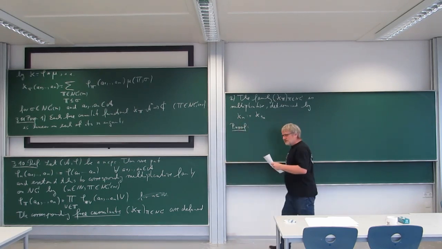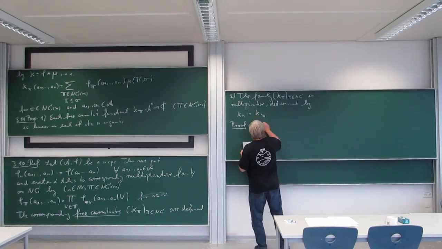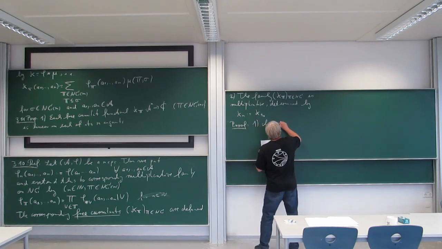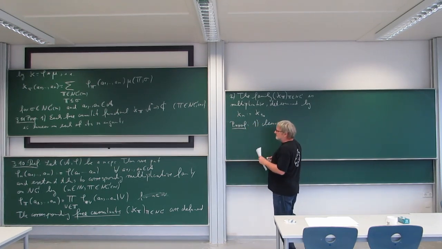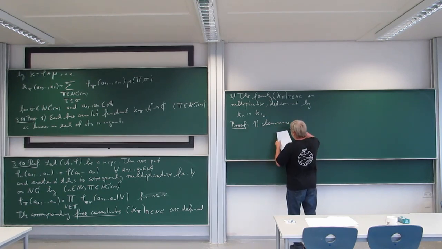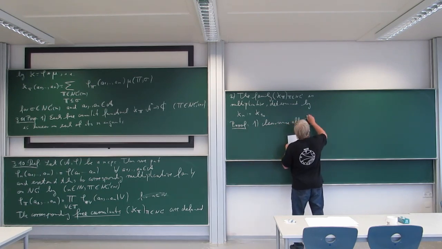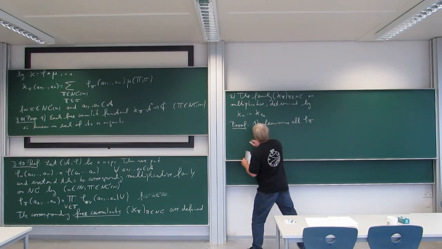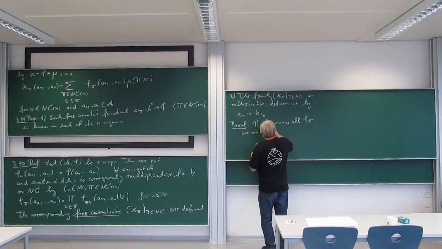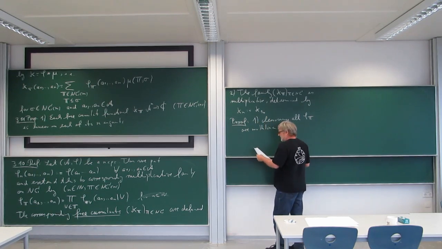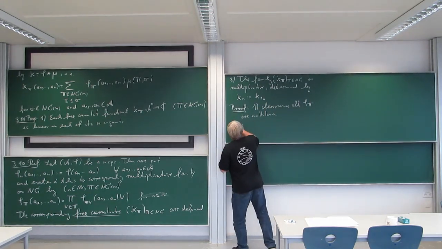Good. So the proof. I said, one is clear, since all the phi pi's are multilinear, and the structure of this formula. Good. Okay.